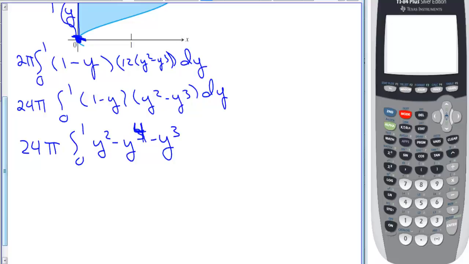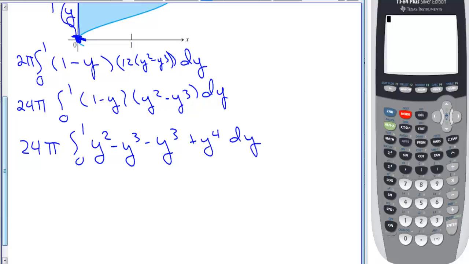Is that right? No. Anyway, try that again. I know how to FOIL, trust me. Y squared minus y to the third minus y to the third plus y to the fourth, dy.